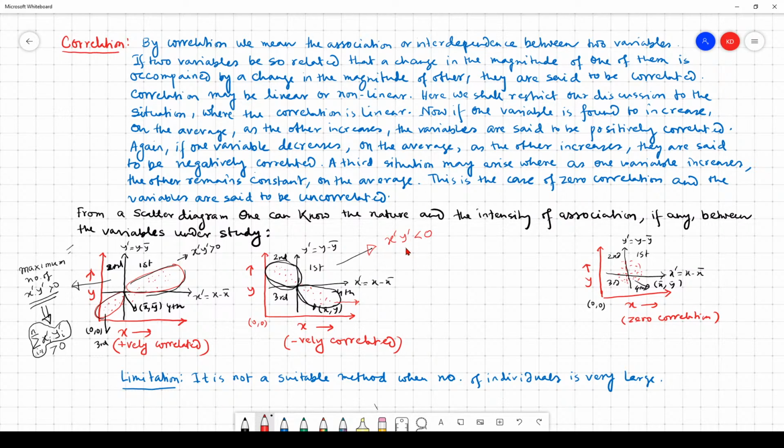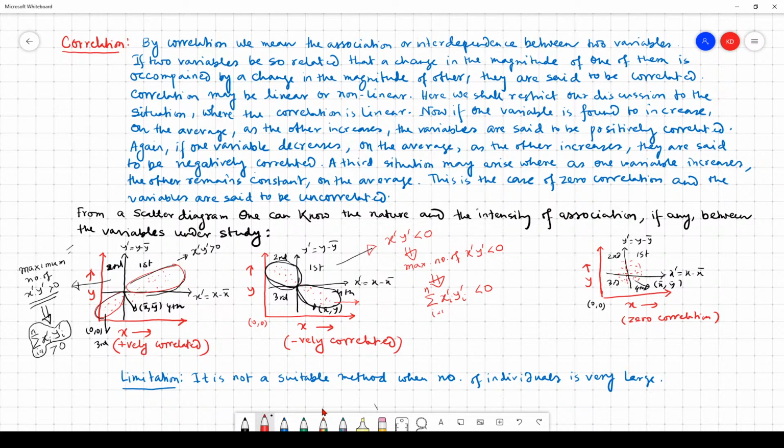So here we can conclude that maximum number of x dash y dash should be less than 0, and this implies the sum over i from 1 to n of x dash y dash should be less than 0.